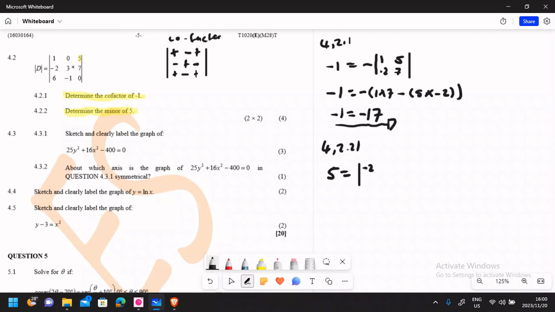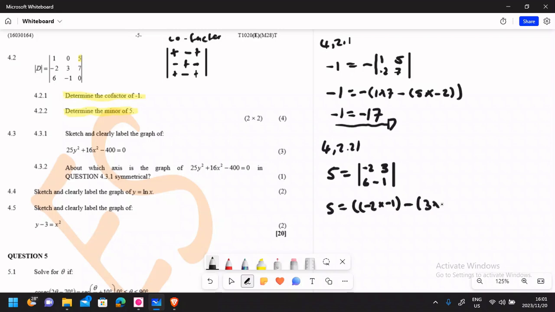And then what else do we have here? We're going to have 3, and you're also going to have 6 and negative 1. There we go, guys. Then we start finding our answer here. So our answer, if you say negative 2 multiplied by negative 1 minus, always, guys, like when you're calculating the determinant, 3 multiplied by 6.